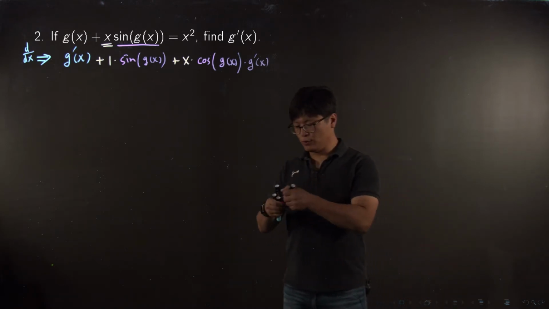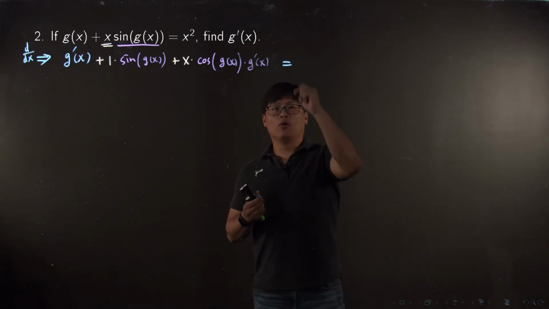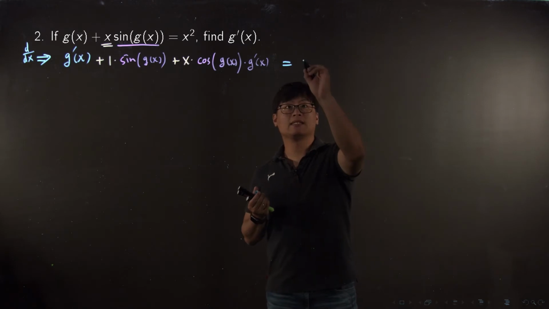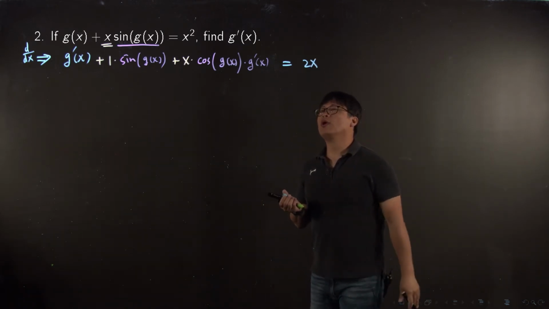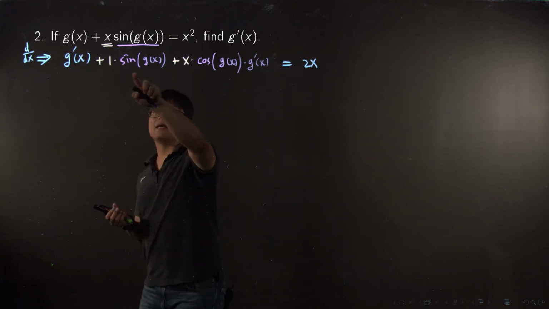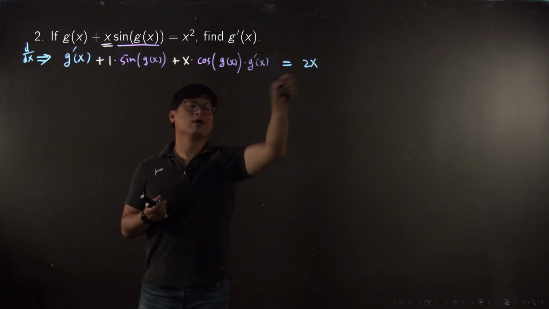Now let me move to the right-hand side. On the right-hand side, we have x squared only. X squared prime is really simple, it is 2x. So now let's do the moving. We need g prime x. On the left-hand side, sine g of x must be moved to the right-hand side.